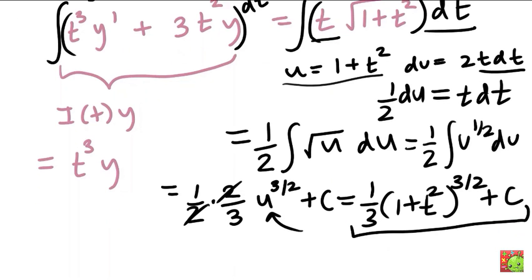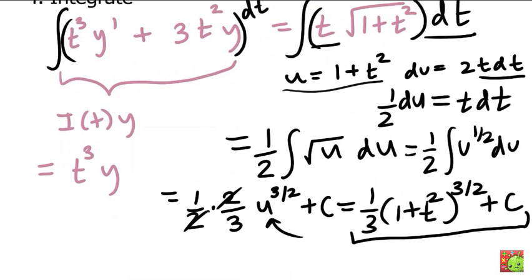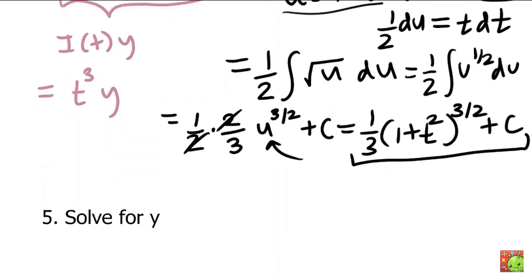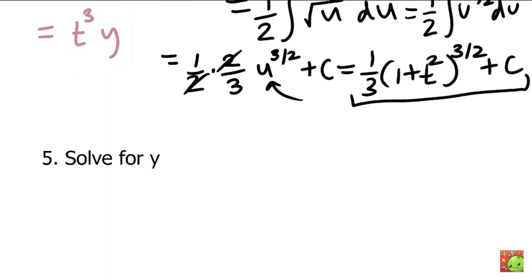A little messy, but I'll write everything down more clearly for our fifth step, which is to solve for y. Our full integrated equation is t cubed y equals one third times 1 plus t squared to the three halves plus c.